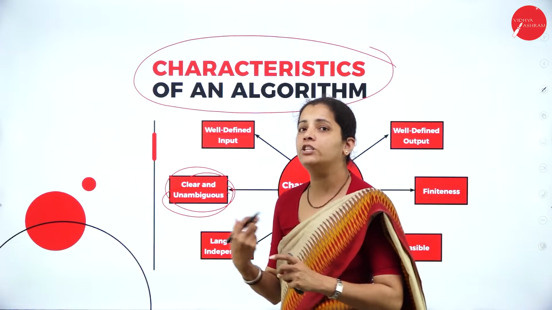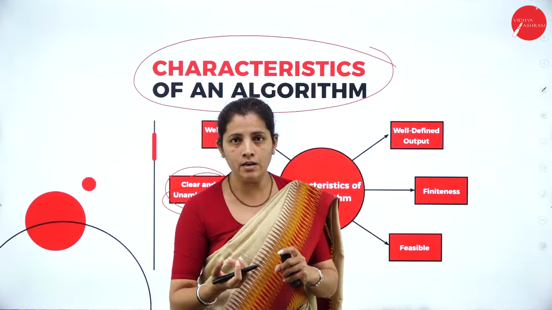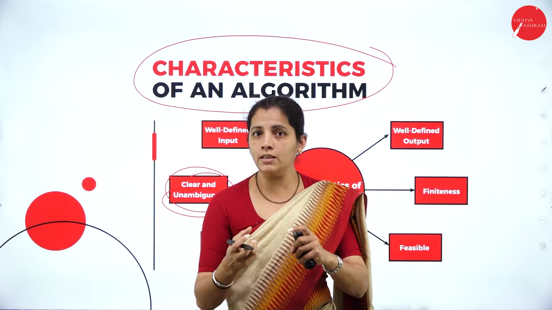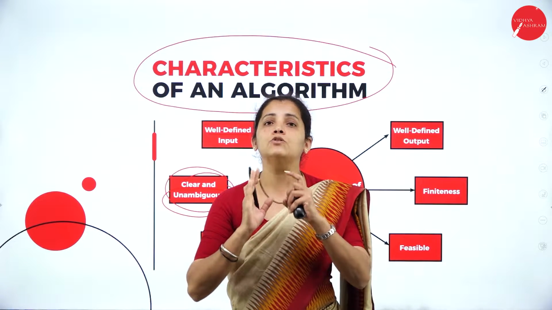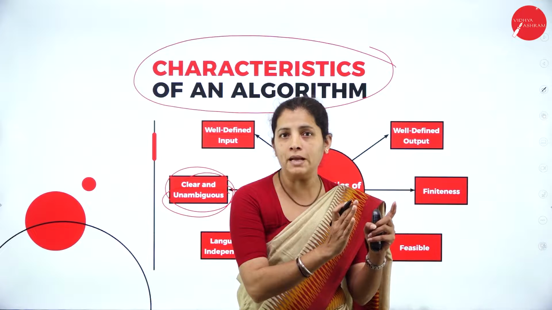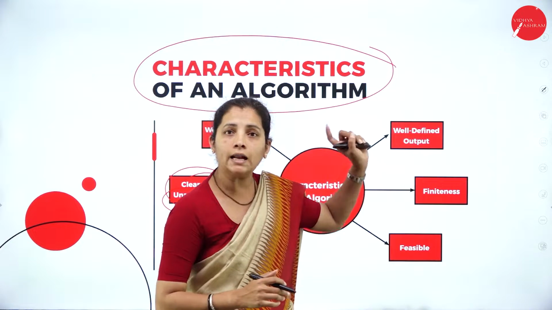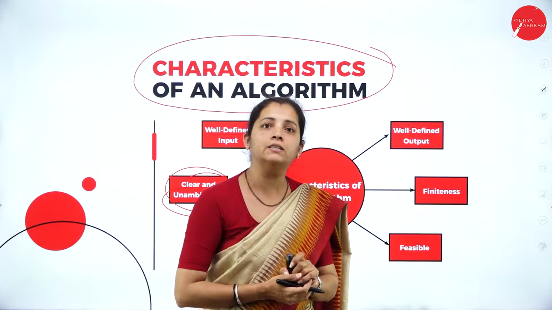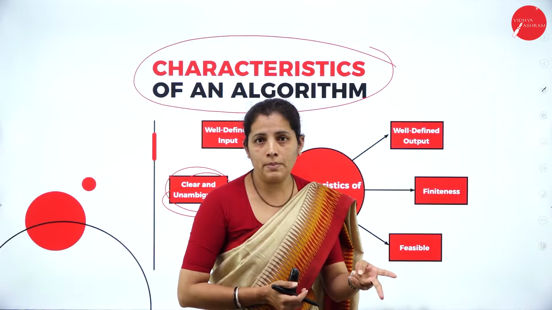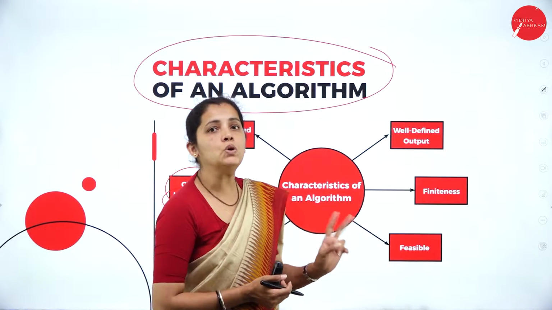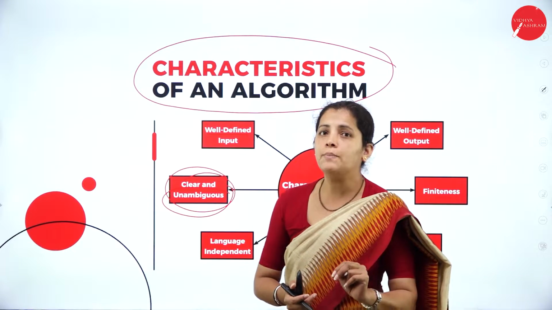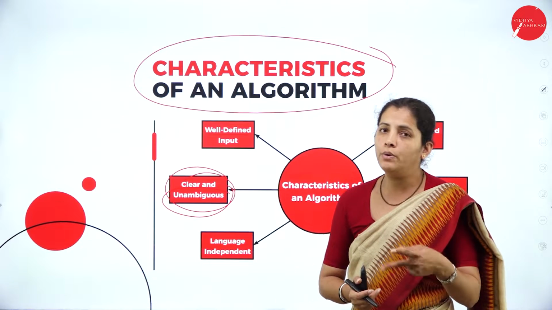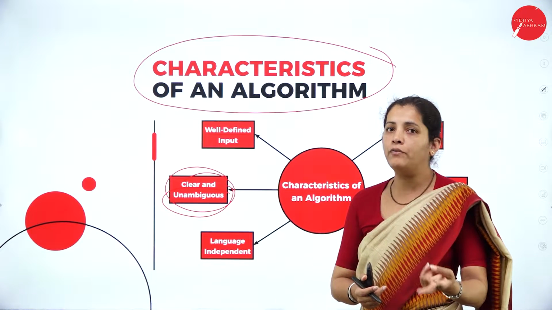So what is language independent? See here, if I write the algorithm, it is not specific to one programming language. For example, I'll consider the old example itself, the summation of two numbers. In summation of two numbers, we are finding the sum of two numbers.